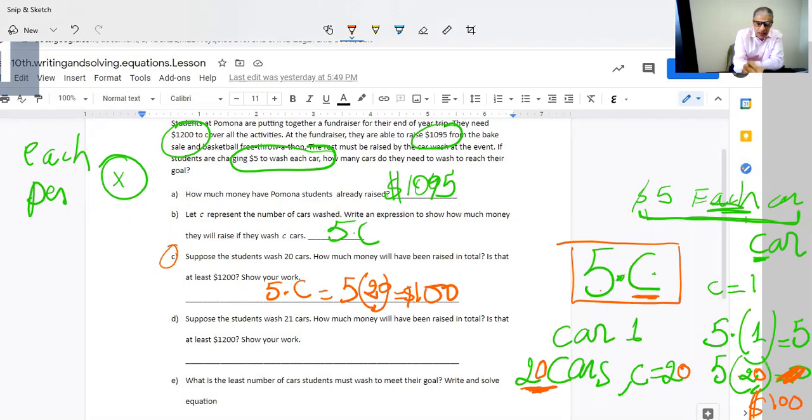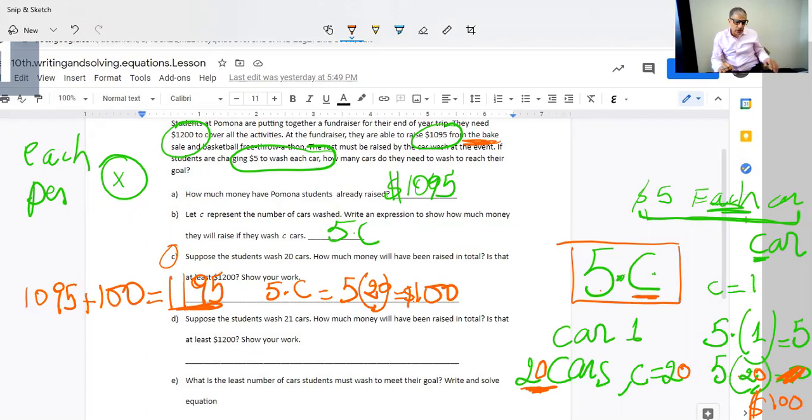How much in total? You have to add that to the money they had already. So in total, they will have 1,095 that they raised from the other stuff, plus $100 from washing the cars, and that'll be $1,195. Okay, so if they wash 20 cars, they will make 1,195.